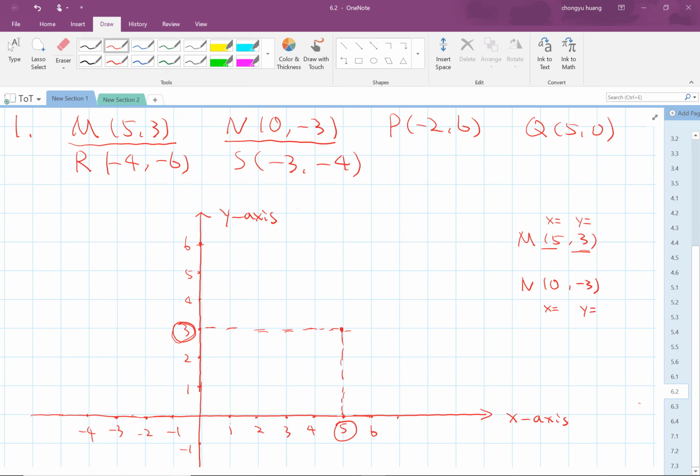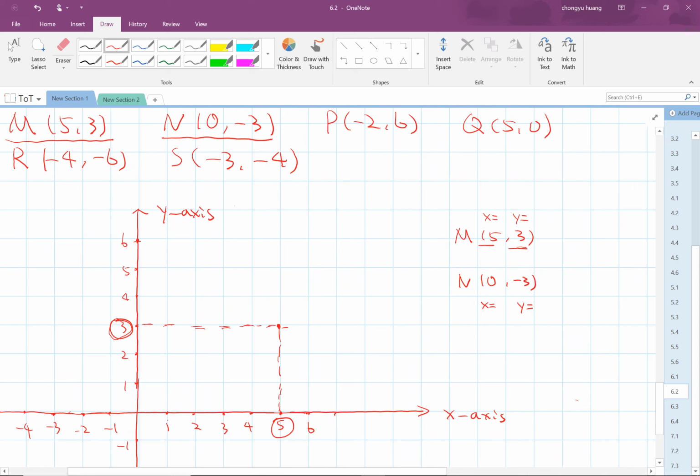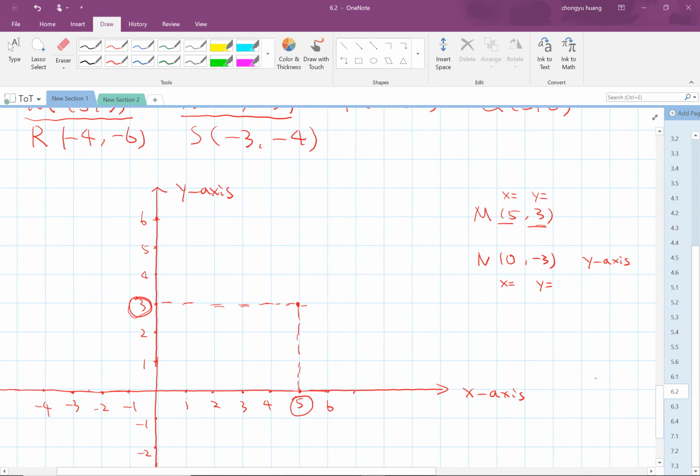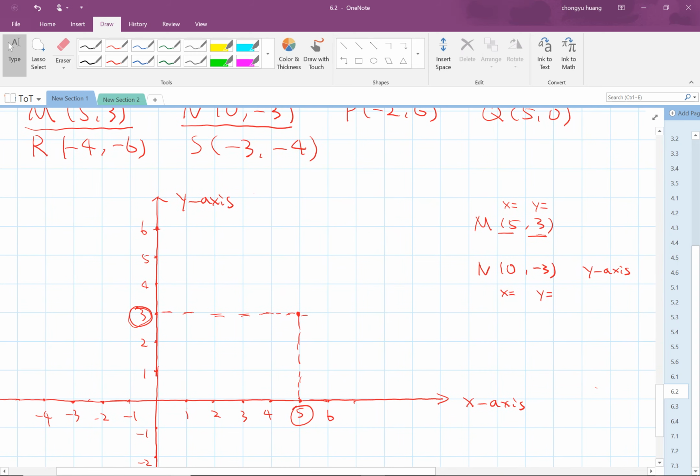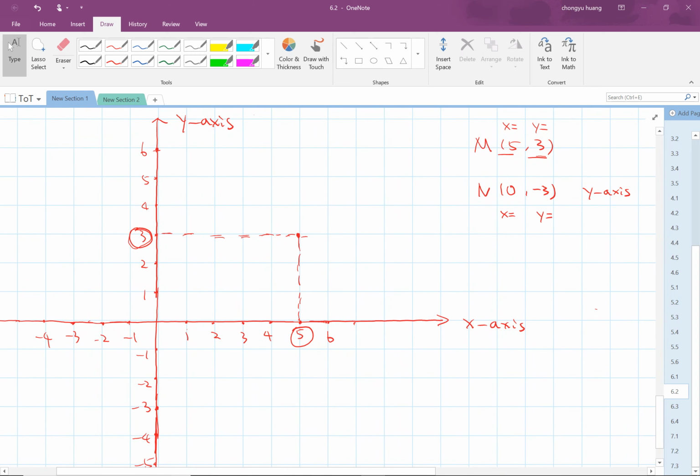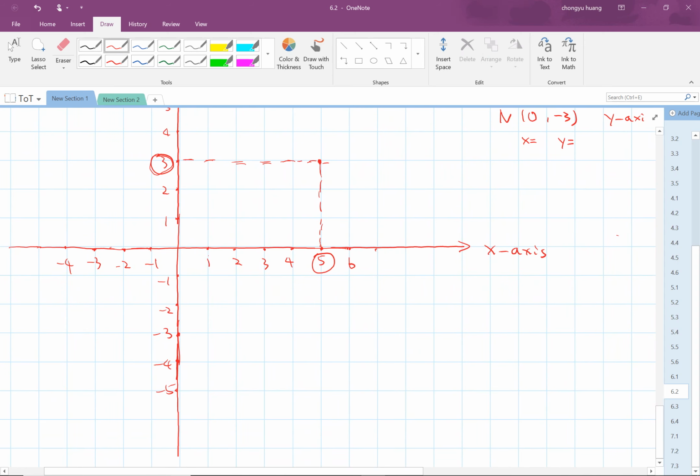So that means n is actually on the y-axis, right? You know that n has to be on the y-axis, and it will be at y equal to -3. So y equal to -3 is right over here. This point will represent n (0, -3).